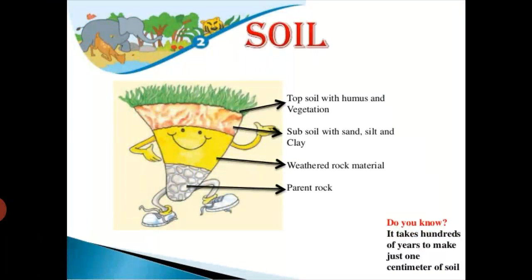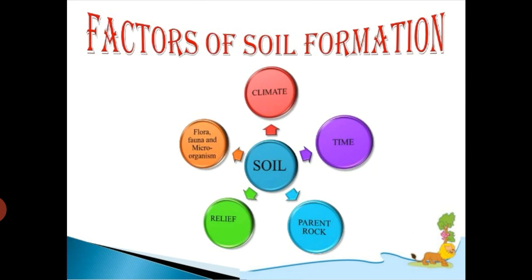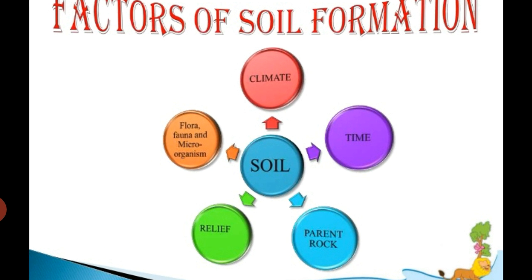Now the soil itself is a very thin layer that covers our earth, and there are various factors that affect the soil. The very first one, as you can see in the picture, is the parent rock. The parent rock determines the color, texture, property, and the content of the soil.